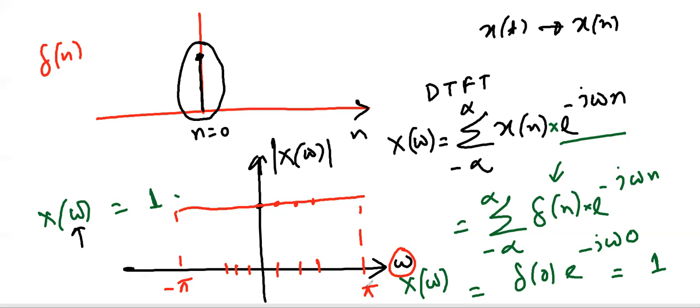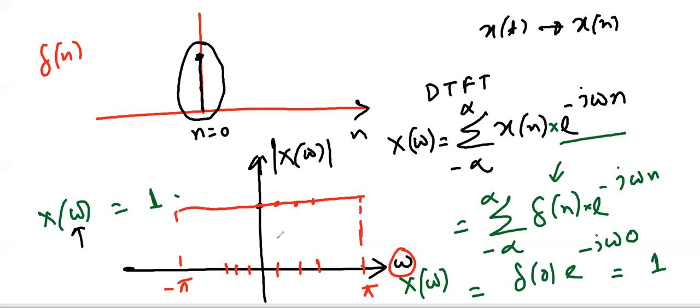After pi you can go, but there is aliasing. So we need to concentrate on up to pi. Whenever we ask you to draw the magnitude response, it is enough to draw it from 0 to pi in most cases. But in some cases, we need to draw it from 0 to 2 pi or 3 pi, just to understand the process. Okay.